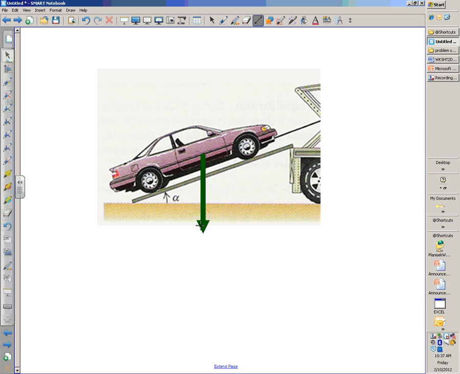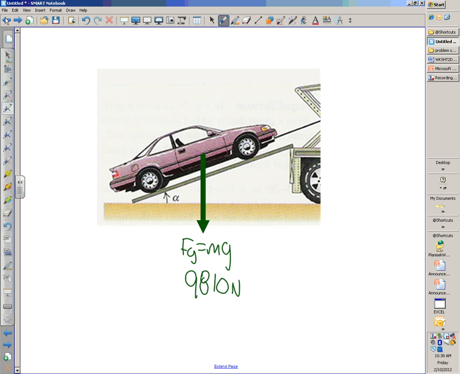And that force of gravity is still equal to m times g, the mass of the object times the acceleration of gravity. But more importantly, for this kind of problem, gravity is always going to act straight downwards. Regardless of the fact that this object is now on an incline, the force of gravity still acts straight down. It's still equal to m times g, which means in this case, the force of gravity is equal to 9,810 newtons.